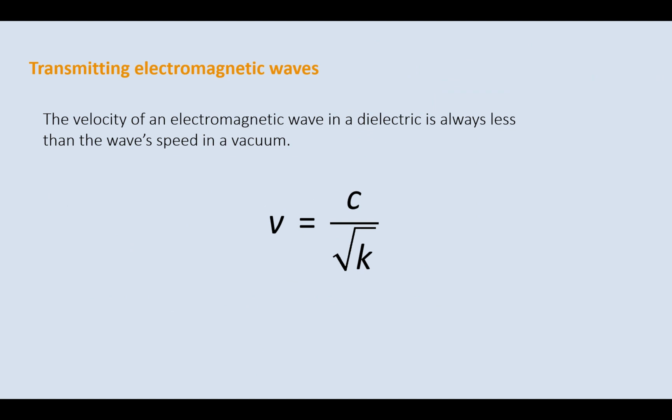For the second objective, the velocity of an electromagnetic wave in a dielectric material is always less than that in vacuum. So, for example, when light travels from space to Earth, it travels through air and the speed of light decreases.